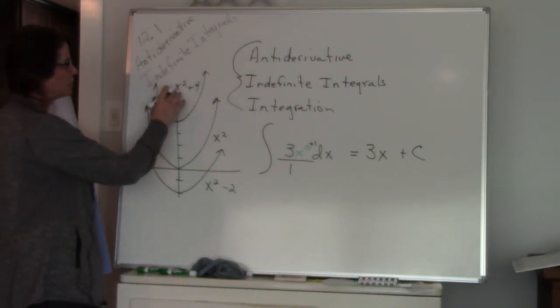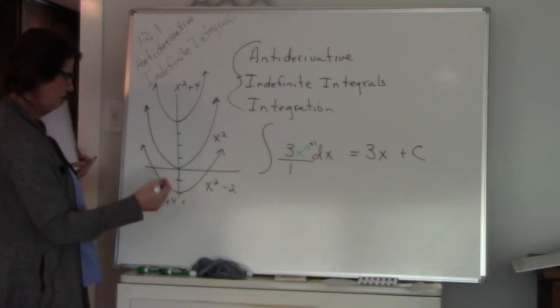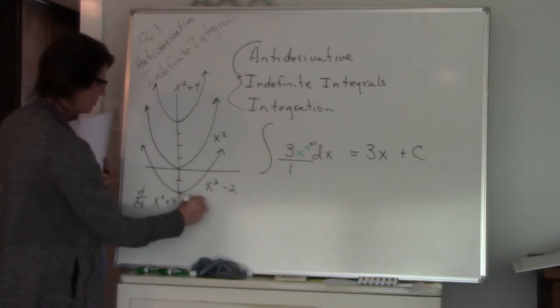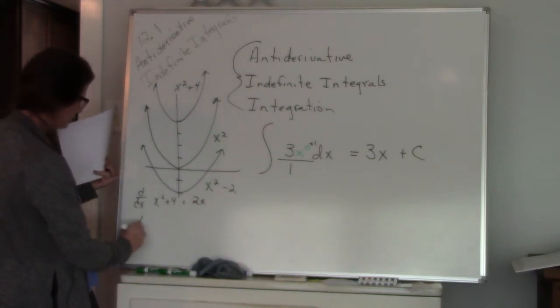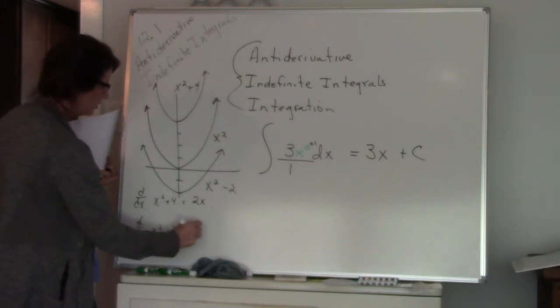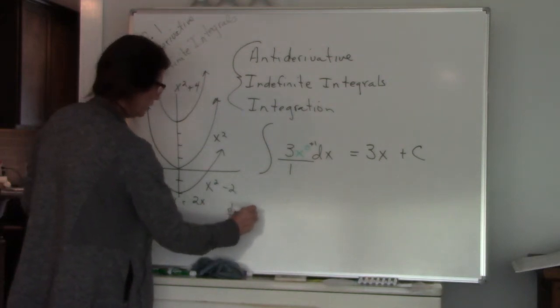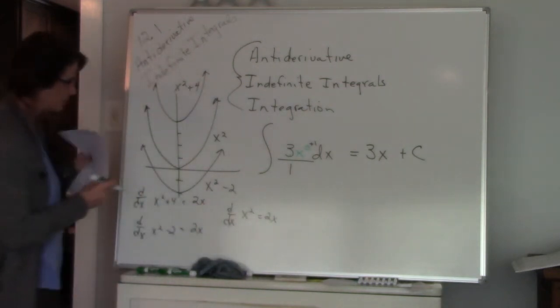If I find the derivative of x squared plus 4, using the power rule, drop the 2 to the front, I get 2x. If I find the derivative of x squared minus 2, drop the 2 to the front, it's still 2x. The derivative of x squared is still 2x.